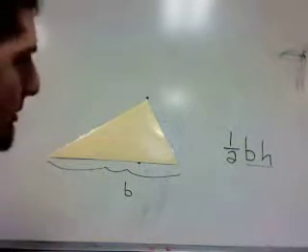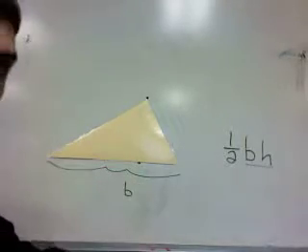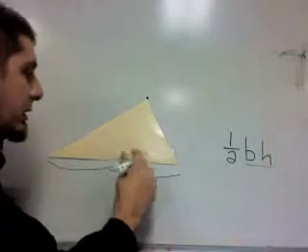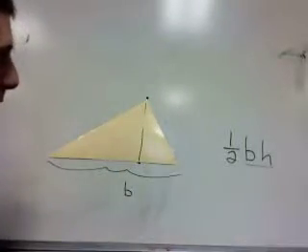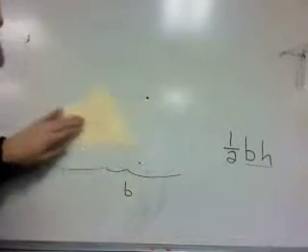The height is a perpendicular line that goes from the very bottom of the figure to the very top. So the height of my triangle in this instance would be that line right there, from the very bottom to the very top in a perpendicular line.